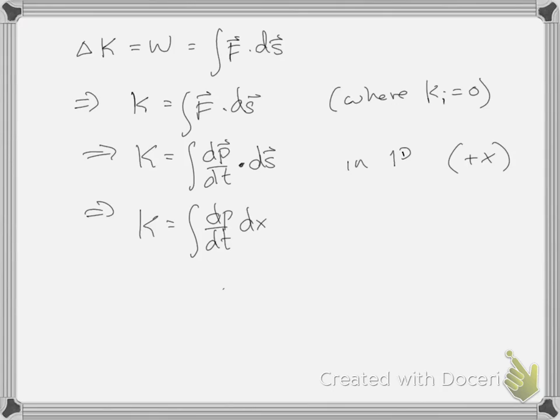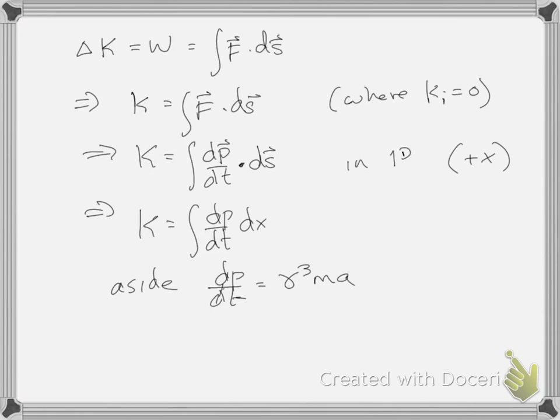Now we will go to the relativistic form of momentum, and we actually just did, in the derivation of Newton's second law, dp/dt. We already showed that dp/dt, the net force, is equal to gamma cubed m a.